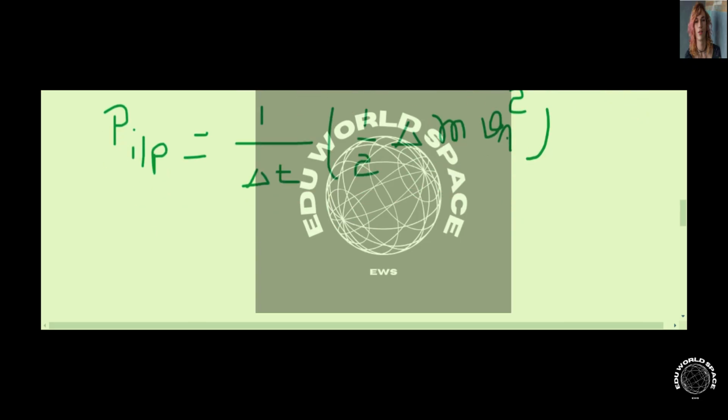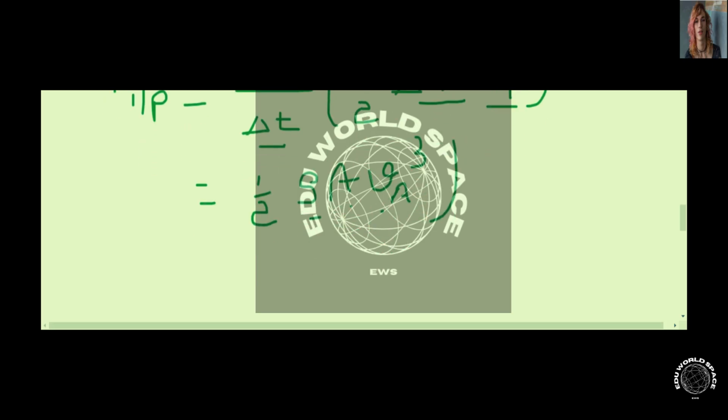By simplifying this one, I will get the final answer as one half rho A V_A cube. To simplify, I have taken this delta t with delta m. That gives me the mass rate delta m upon delta t, and we know the mass rate is nothing but rho A V_A, and V_A into V_A square will be V_A cube. So that's why I have rho A V_A cube in this equation.